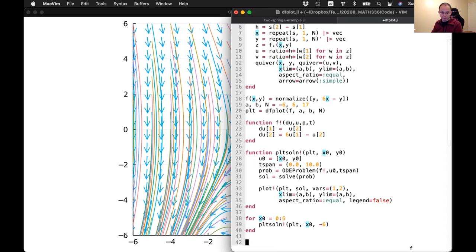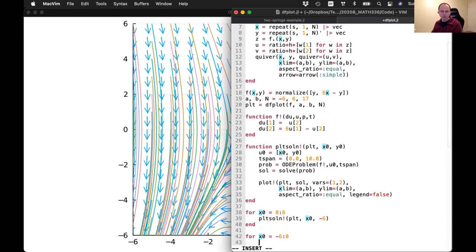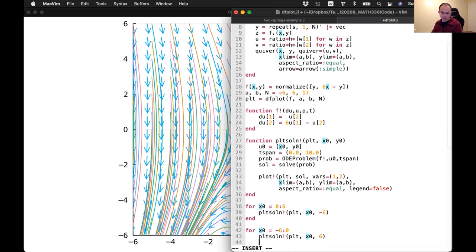I want to do for x naught equals minus 6 to 0. And I'm going to plot solution, and this will be with y is plus 6.